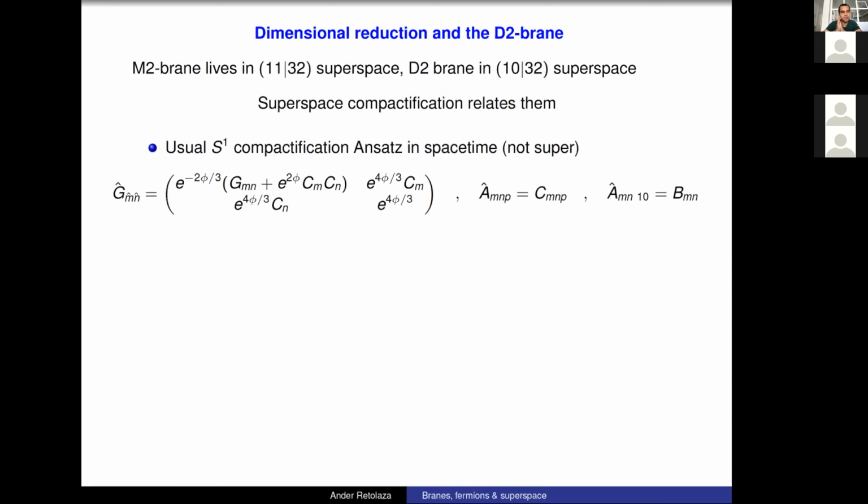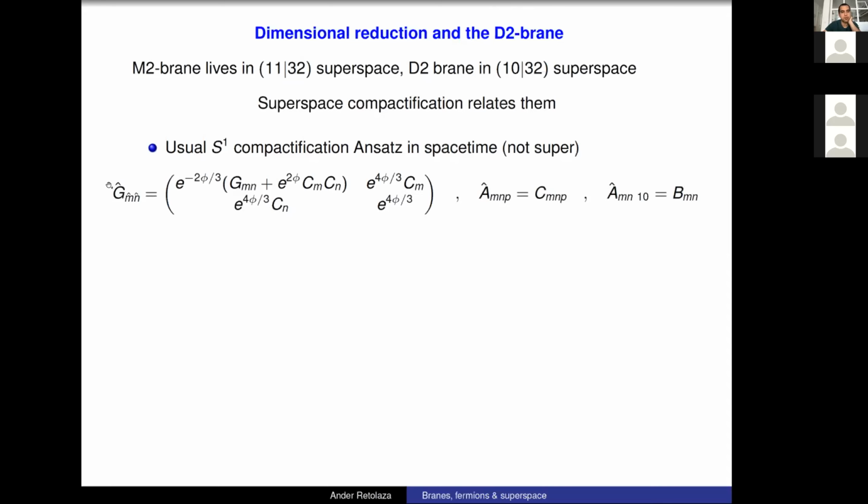So let's first do very quickly how it works in the bosonic case. In 11-dimensional supergravity, the ansatz that I'm going to take for the metric is the following.